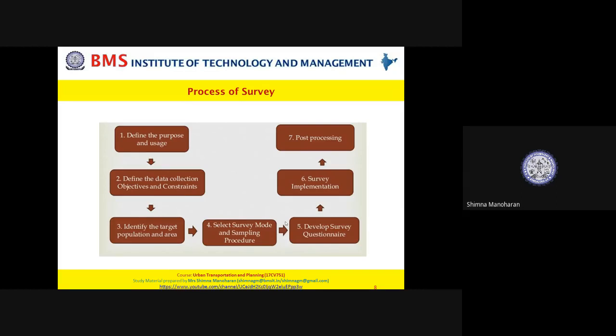Suppose you have to understand how two-wheelers reduce the travel time. In that case, the purpose and usage is to study the impact of two-wheelers, right? And the data collection objectives you have to understand. Then the target population and area: the target for the study will not be all the individuals.